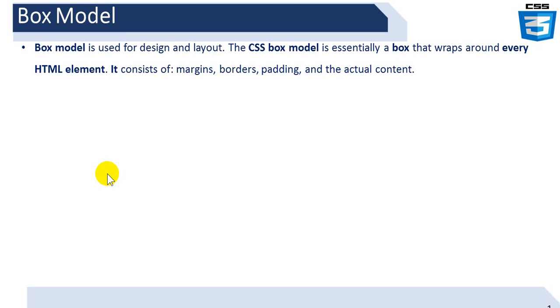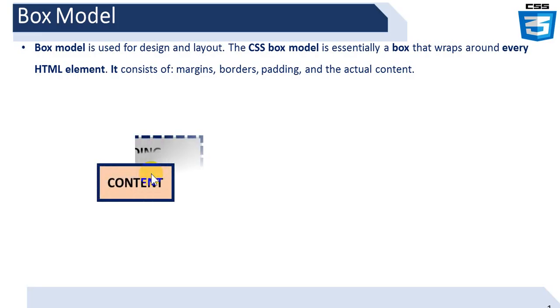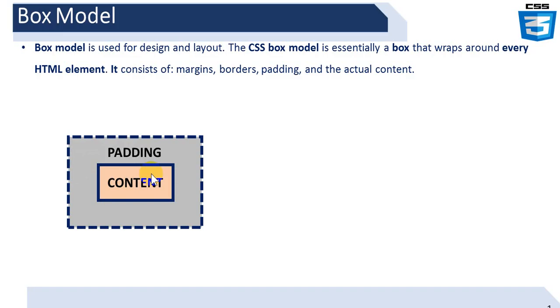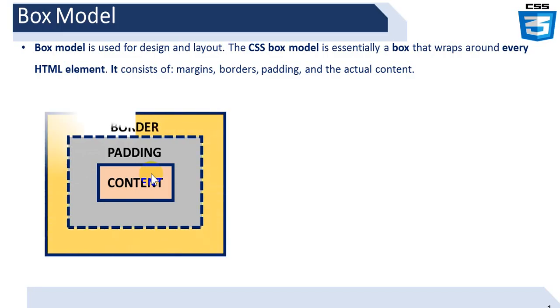Then, very important, you will understand. Observe here: we have some content. The content is surrounded with something called border as well as padding. This is the outline, guys.